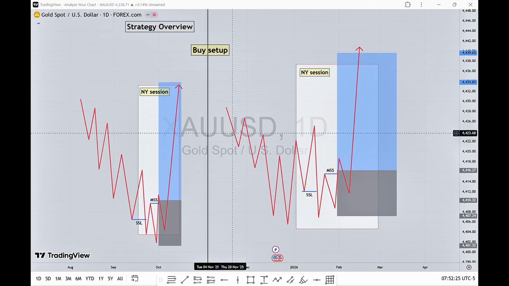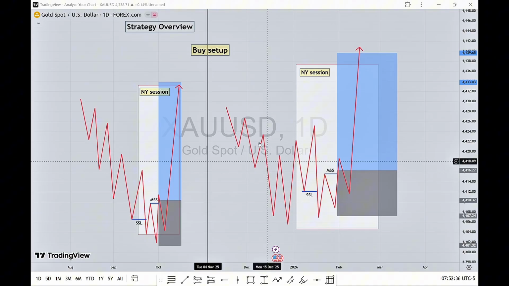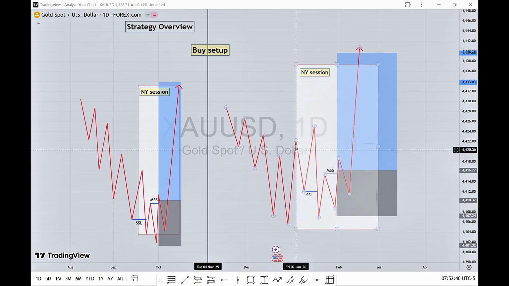Then there's another scenario that is also valid according to my strategy: the liquidity sweep can also happen within New York session. The market can keep dropping, making lower lows and lower highs. Then as it enters New York session and we don't see liquidity being swept from the previous session, which is the London session, we wait for a liquidity sweep to occur within the shaded part, which I refer to as New York session.